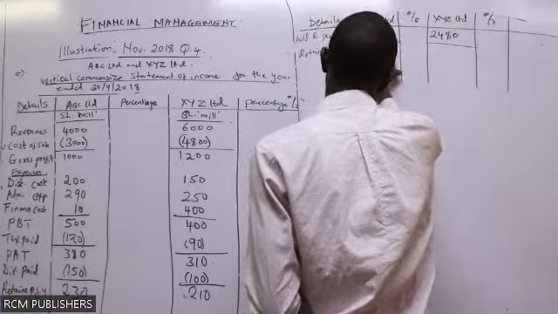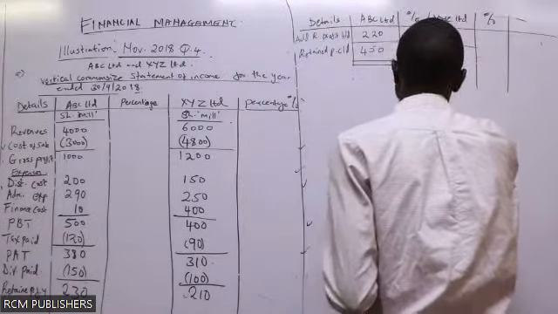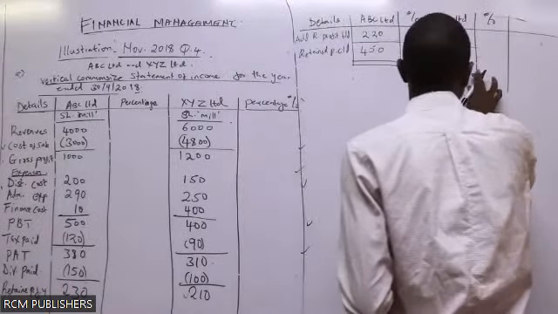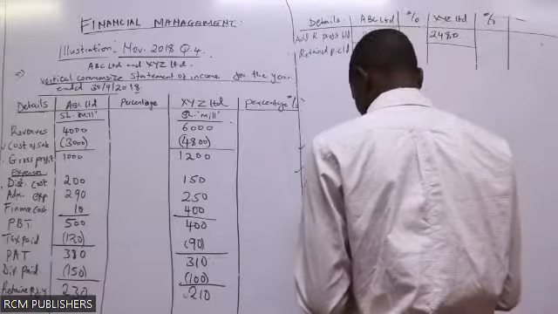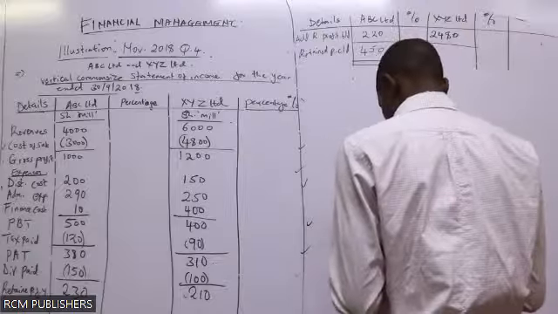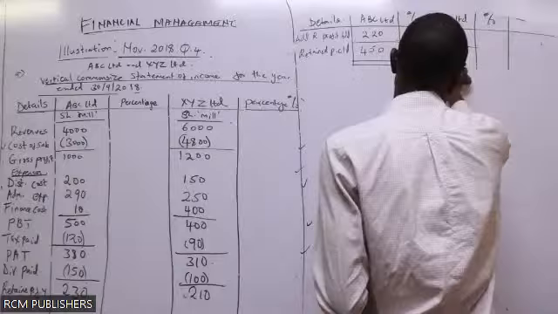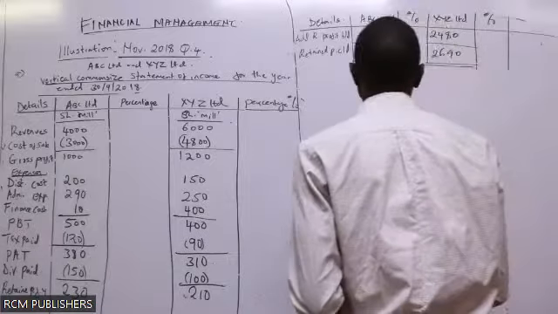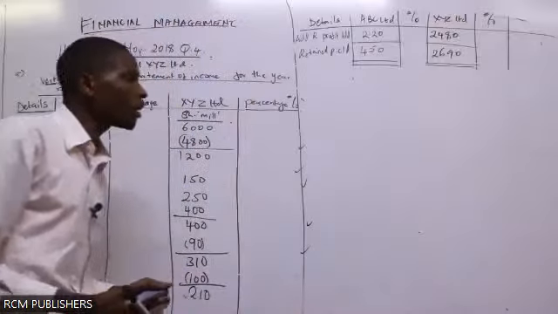Of course, we can close that. Then the other one, hii ingine tuko na ngapi? Tuko na ngapi hapa class? Tunaongeza hiyo. Mepewa 2690. Great.